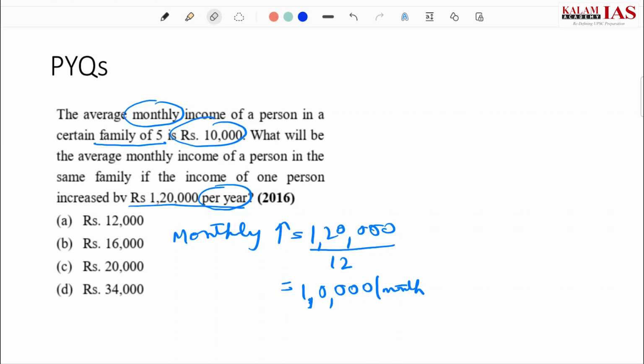Now it is said that it is a family of 5 people.